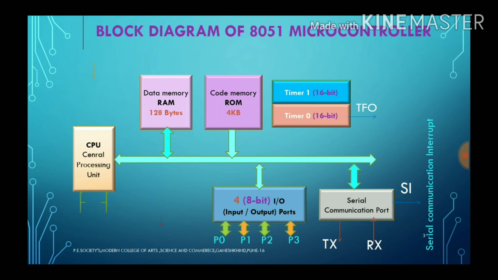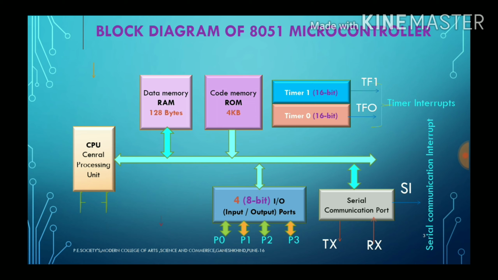TF0 is the flag generated by timer 0, while timer 1 generates the TF1 flag. Both these timers, when overflowing and used as an interrupt, can generate an internal interrupt to the system.